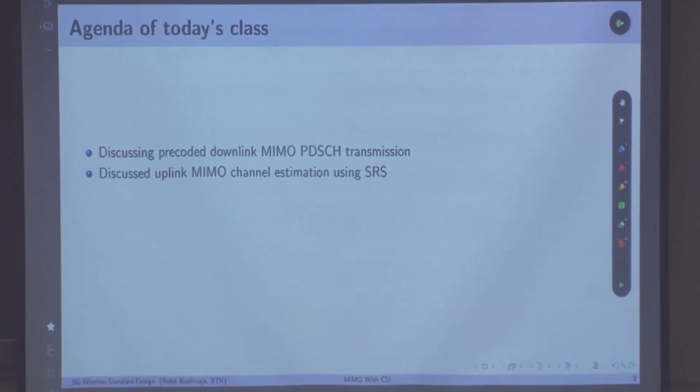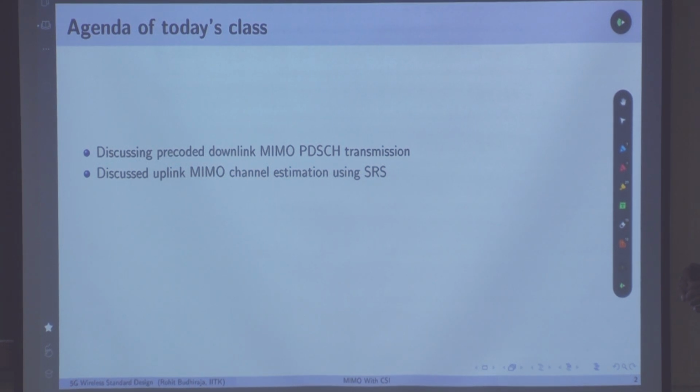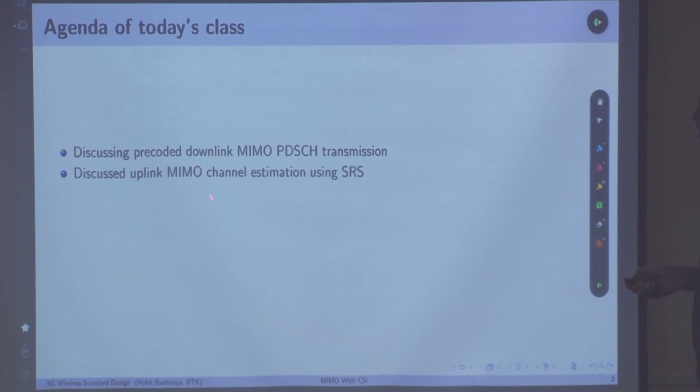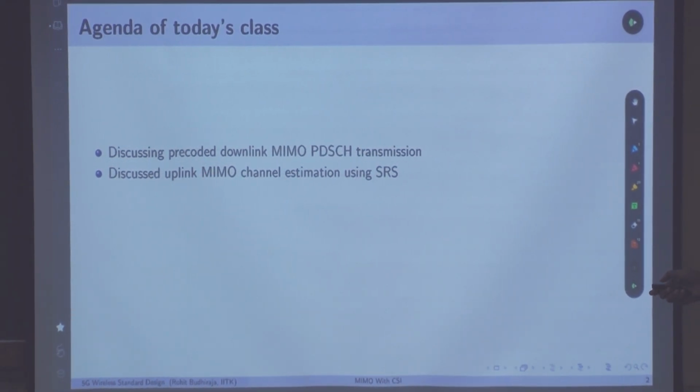We are considering a TDD system, and we assume there is channel reciprocity between uplink and downlink. So what the gNodeB or base station does is it estimates the uplink MIMO channel using SRS, the sounding reference signal, right?